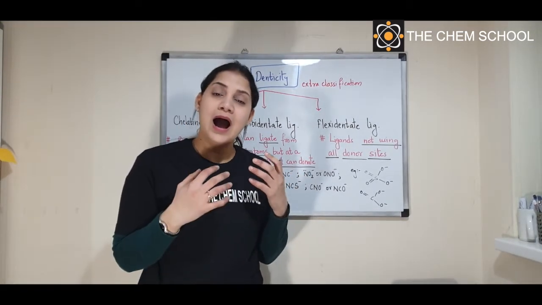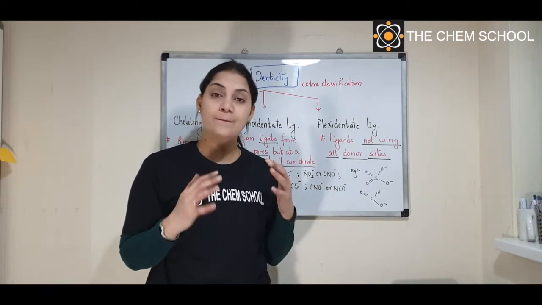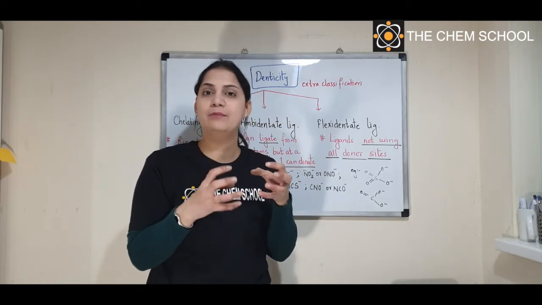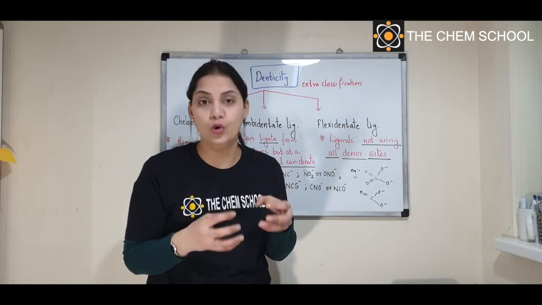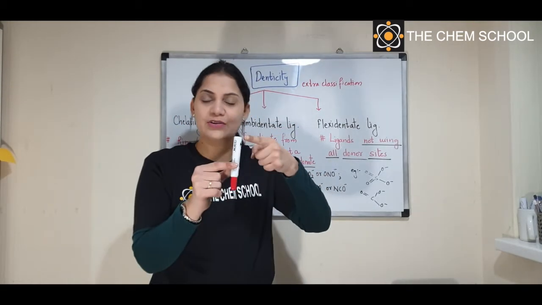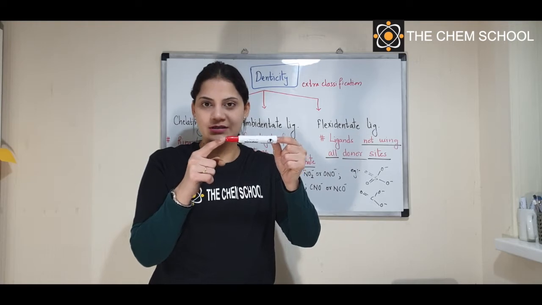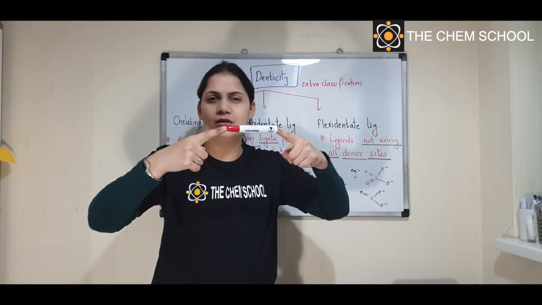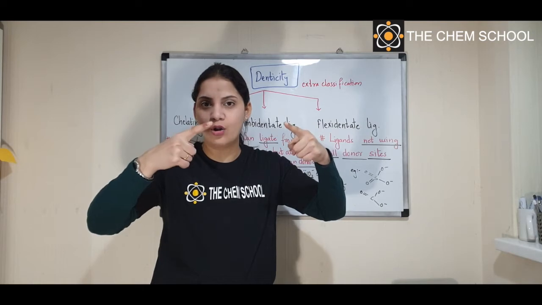Remember, the higher the chelation, the more stable the complex formed. Why? Because the central metal atom will be held more firmly. Now remember a monodentate ligand. Suppose this is the central metal atom and I am trying to hold this. You can imagine this is not going to be very stable because it can fall out anytime.